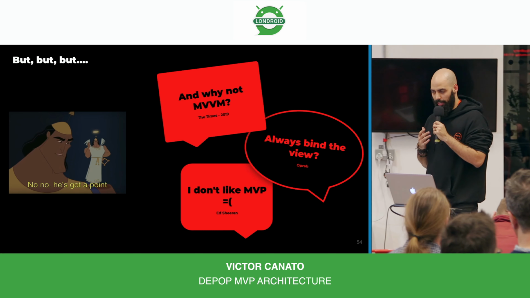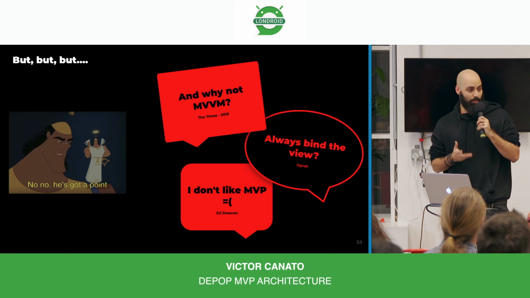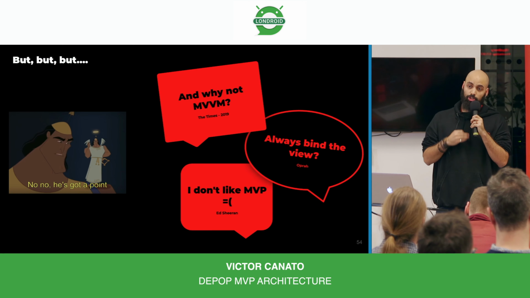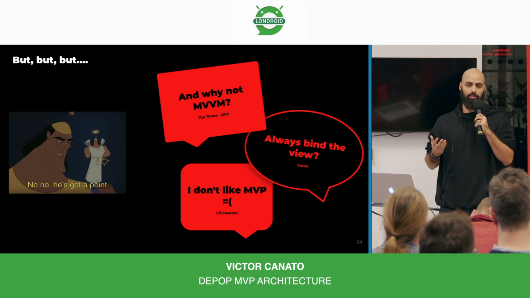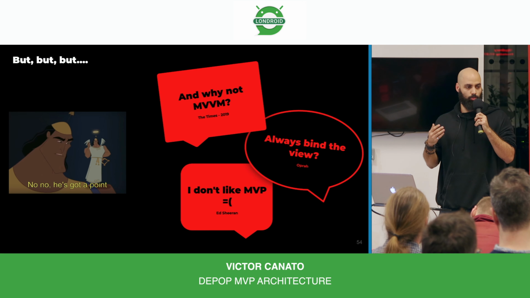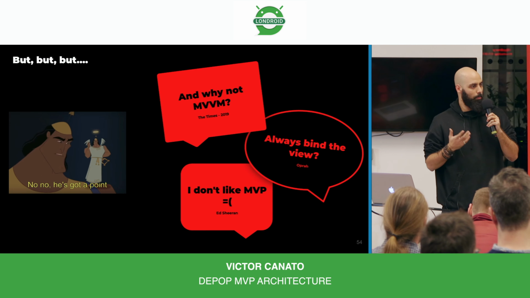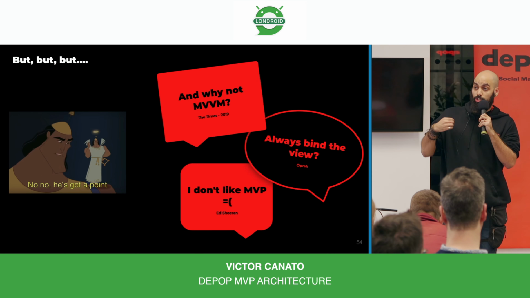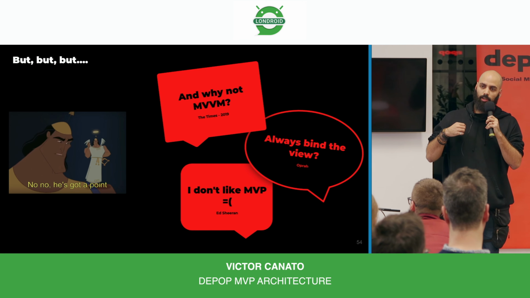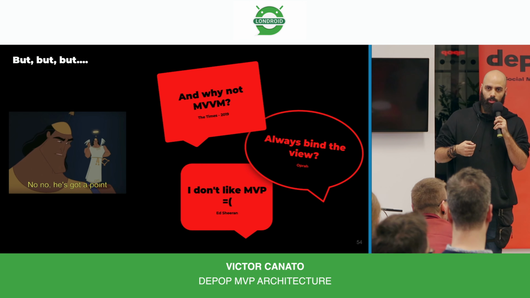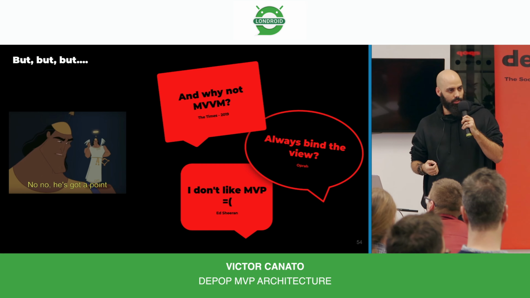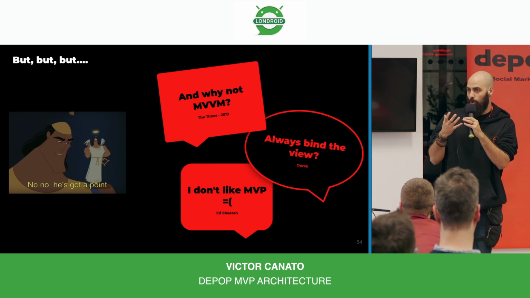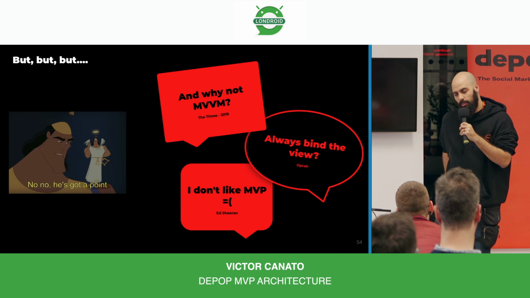Another reason is that when you have an MVVM and you do a unit test and you know that your presenter is working, you are not sure that your view will update. You need to do more tests on top of it. So when we bind the view, and it's not a perfect solution, in our presenter, we are sure about what the view is doing. So when we do a unit test for the presenter, we are sure that the view is being called. And this gives us control over what's happening.